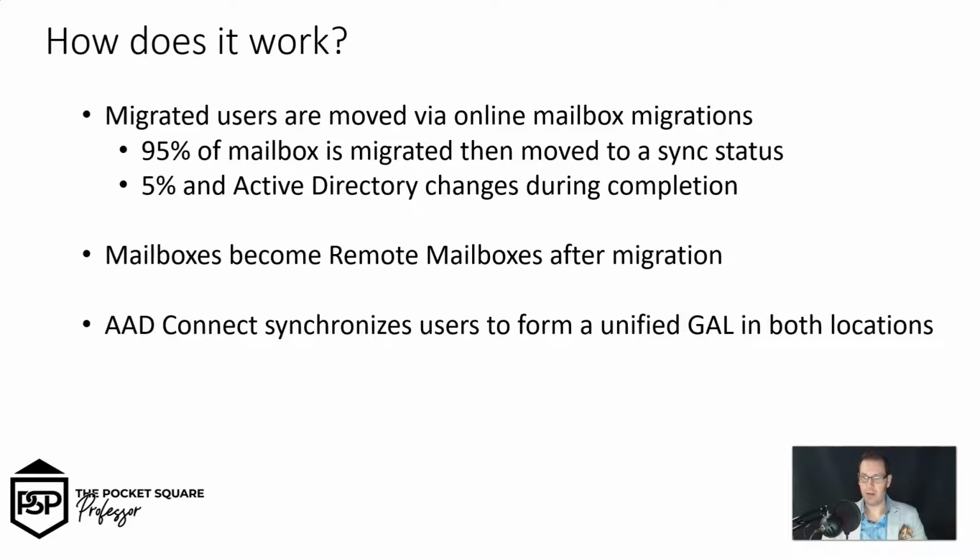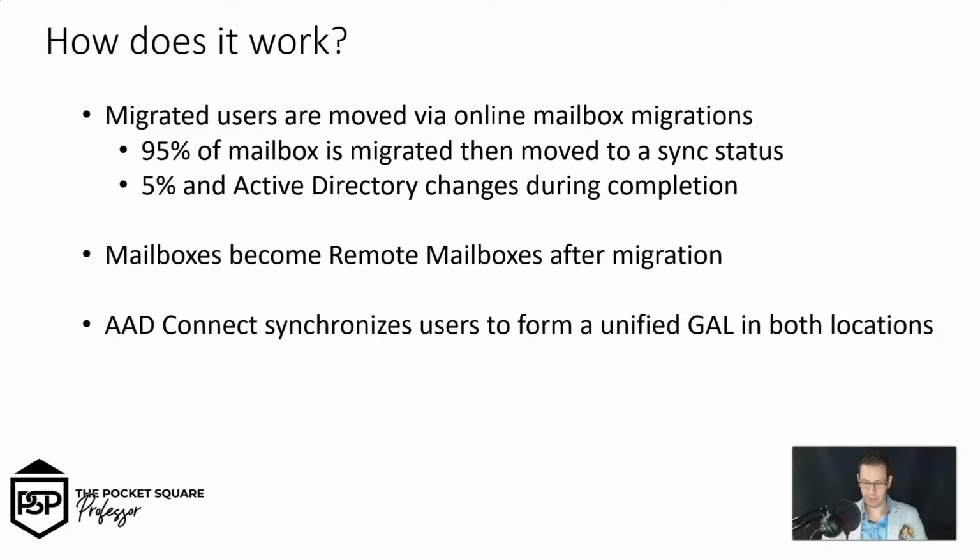Once user A gets migrated to Exchange Online, they get changed in Active Directory and Exchange, and then the AD Connect server goes back around and says, okay, we're going to flip them from an on-premise mailbox to a remote, and then in the cloud we're going to change this from a remote to, well, on-prem, but we'll just say a user mailbox. So it flips them. Easy enough.